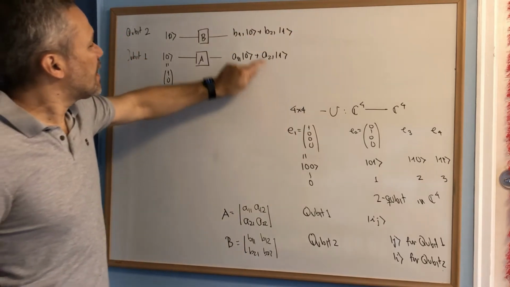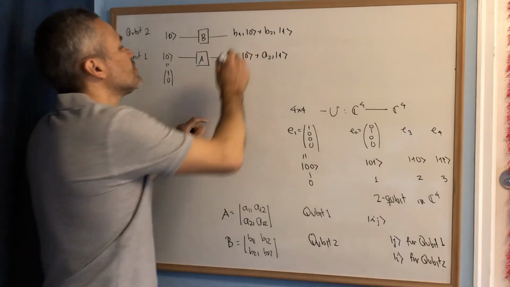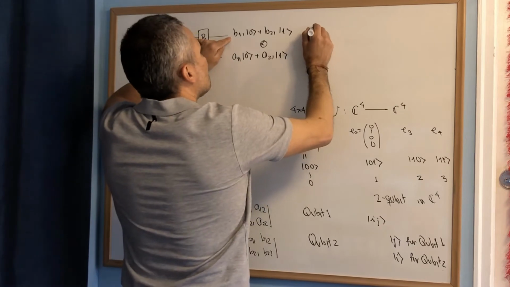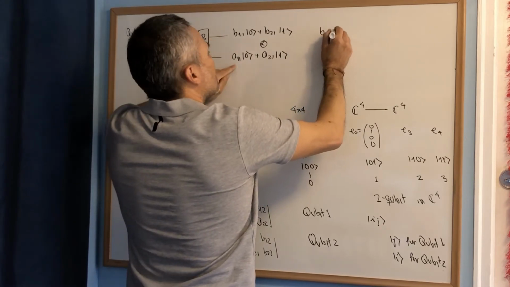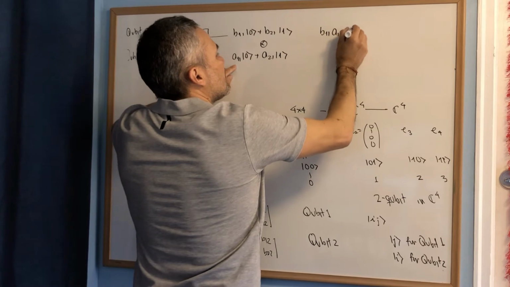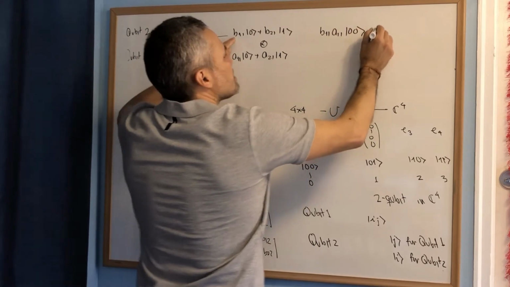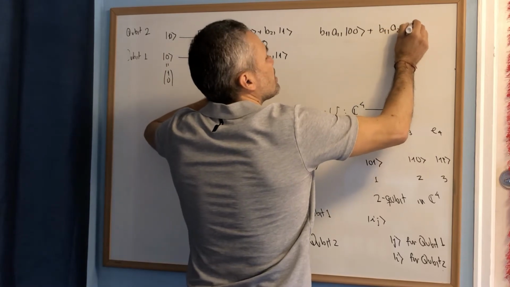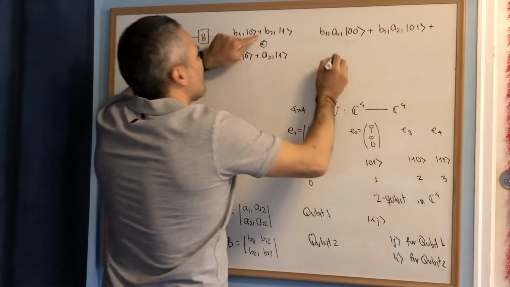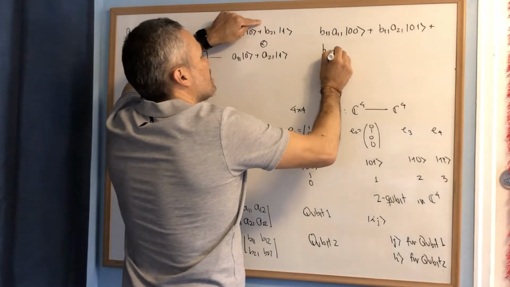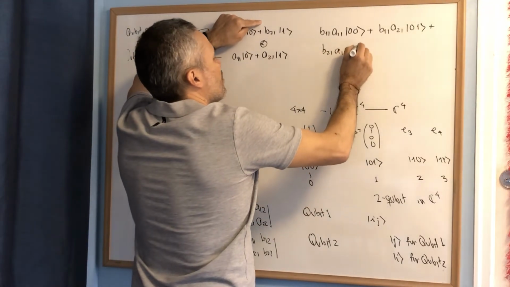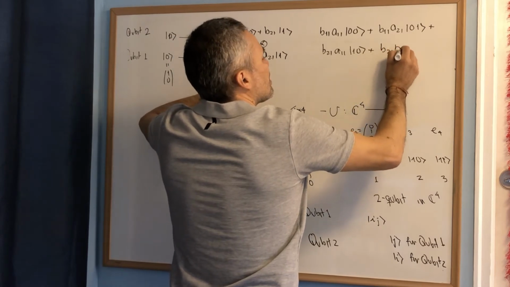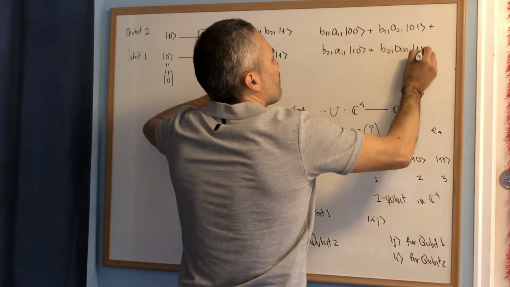And what 2 qubit state is this? We need to do the tensor product, right? And to do the tensor product, we get B11 A11 00 plus B11 A21 01 plus B21 A11 10 plus B21 A21 11.